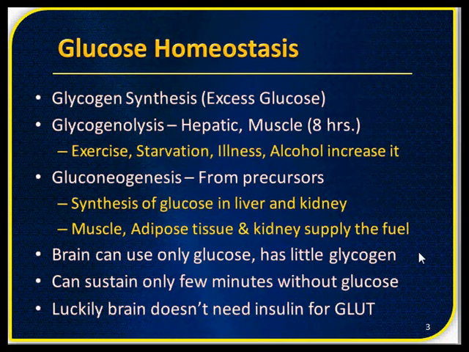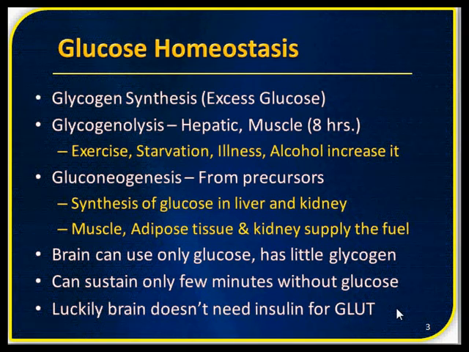Remember, the brain can use only glucose and has very little glycogen, so it cannot withstand hypoglycemia for a long time. It can sustain only a few minutes without glucose. Luckily, the brain does not need insulin for the transport of glucose. In all other tissues, when glucose has to enter the cell, they require a specific transporter called GLUT, which is under the influence of insulin.